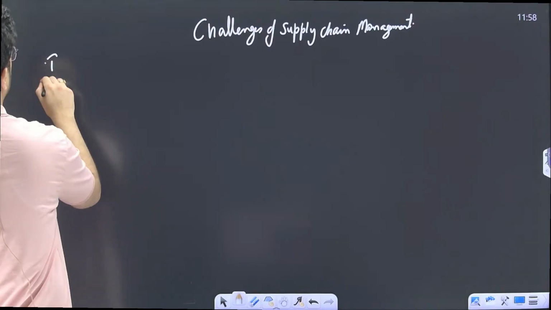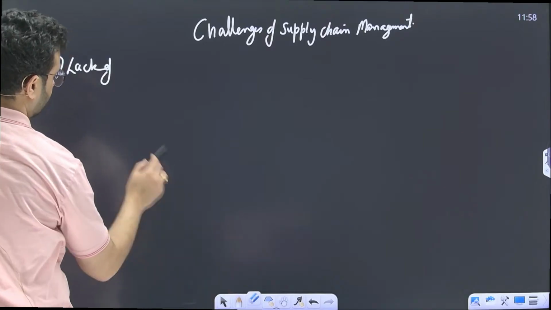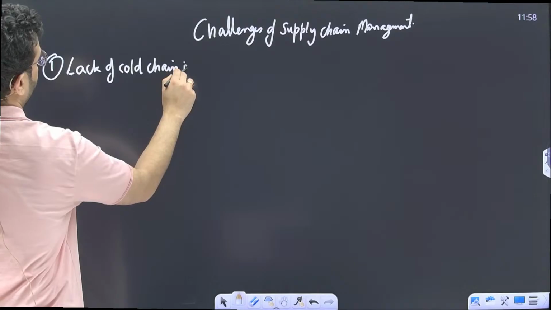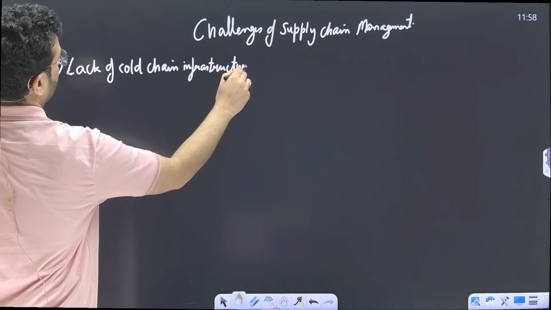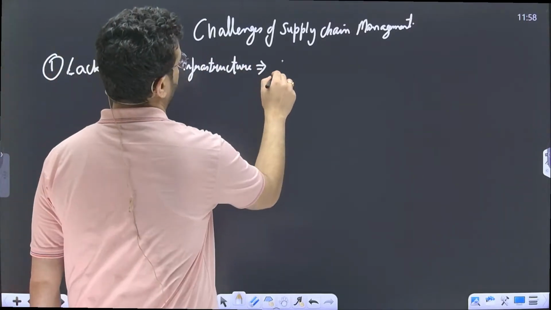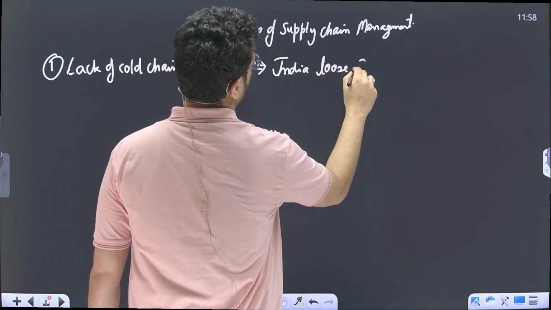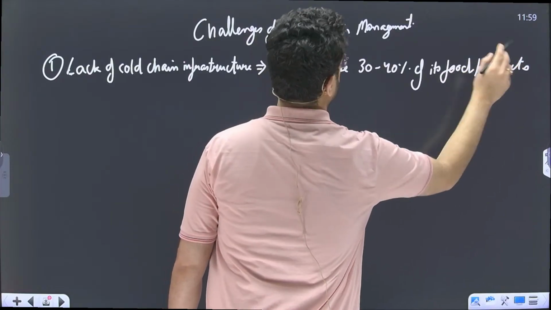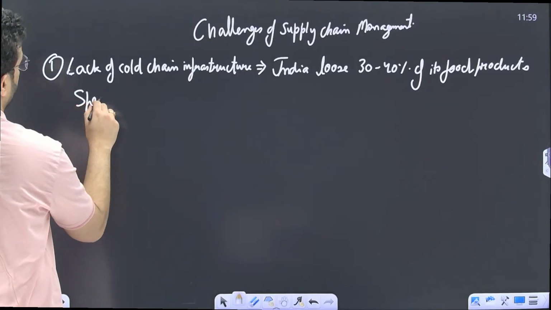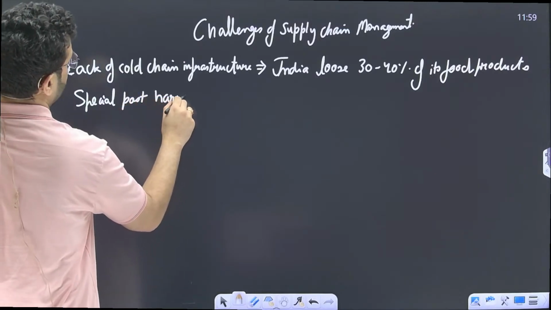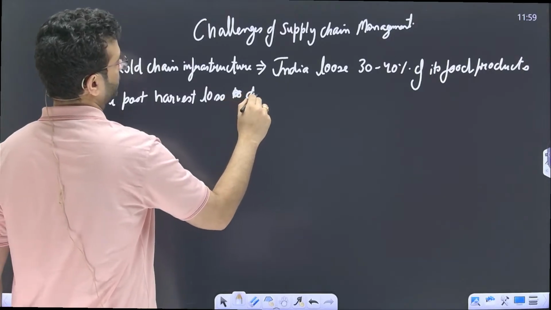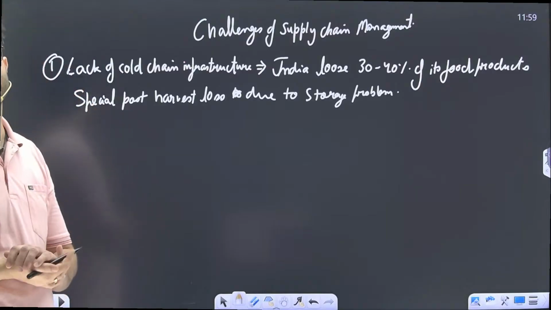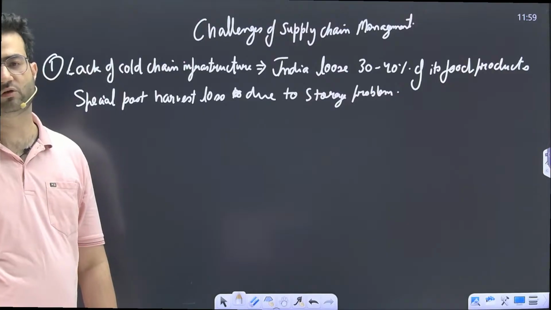The first is lack of cold chain infrastructure. India loses 30 to 40% of its food products, especially post-harvest loss due to storage problems.